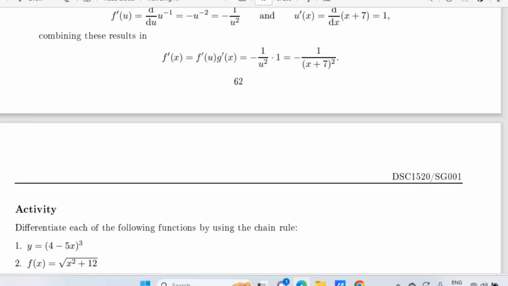And then we start simplifying. The 2 from the 2x cancels out with the 2 that is the denominator of half. And then we're going to be left with x times x squared plus 12 to the power negative half.